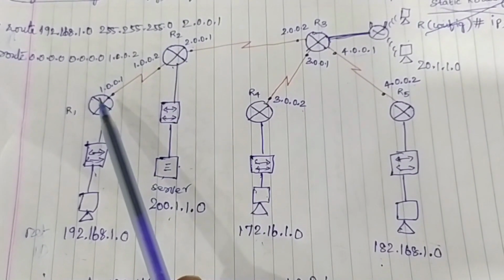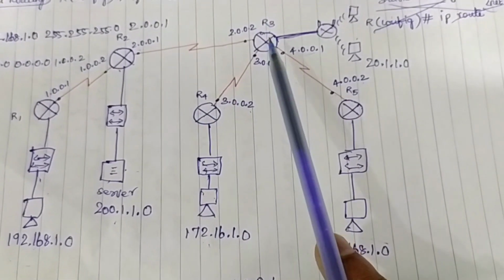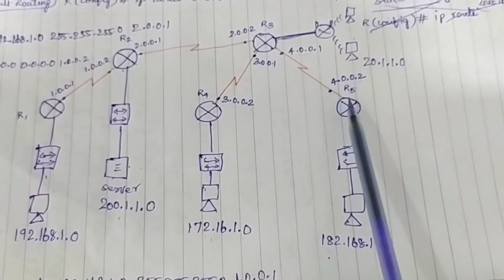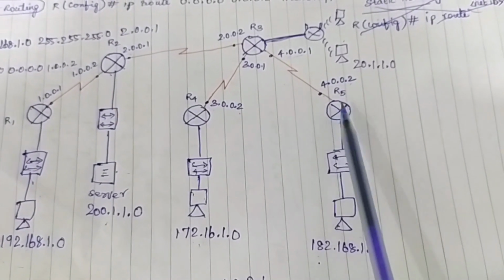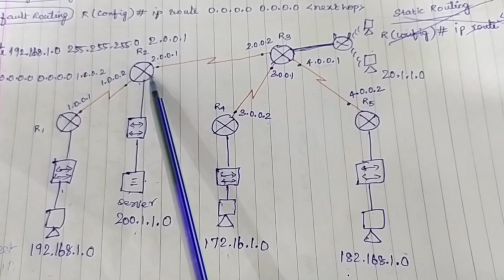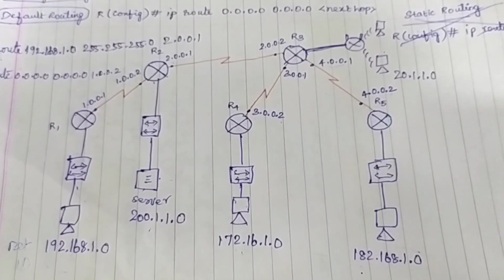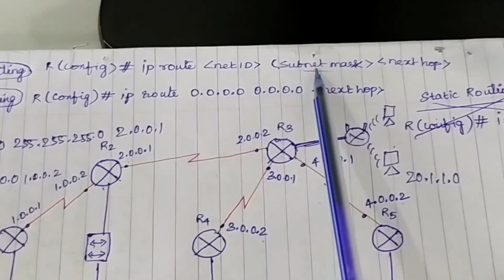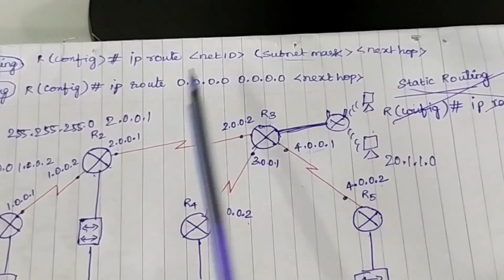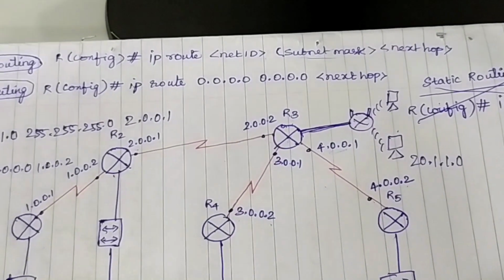Now you have to do default routing on R1, on R4, on R3, and similarly on R5. One router we are doing static routing; on the others, we are doing default routing. Static routing means net ID, subnet mask, next hop. Default routing means 0.0.0.0 0.0.0.0 next hop. Okay.